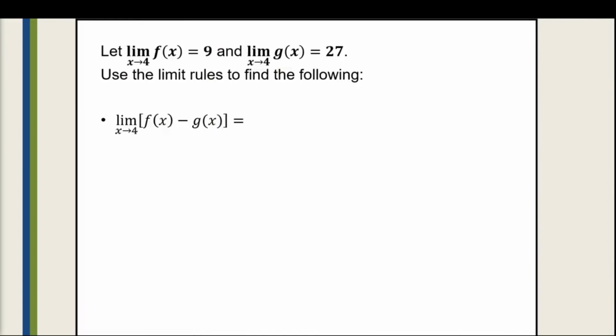So here they're telling us that the limit as x approaches 4 of f of x is equal to 9, and the limit as x approaches 4 of g of x is equal to 27. So if we want the limit as x approaches 4 of f of x minus g of x, remember that's the same thing as the limit as x approaches 4 of f of x minus the limit as x approaches 4 of g of x.